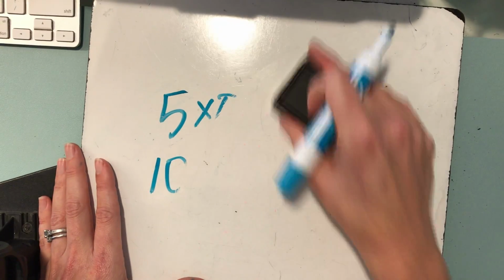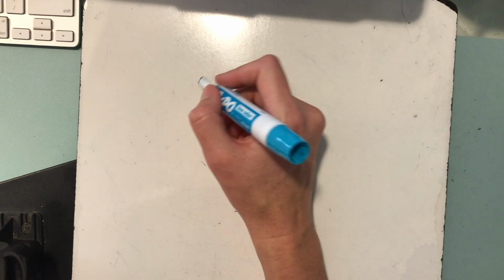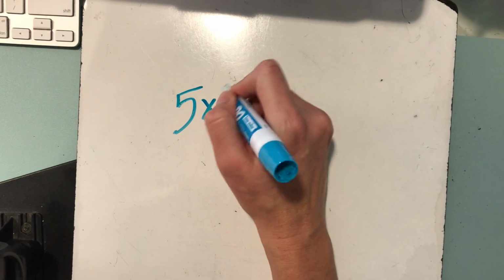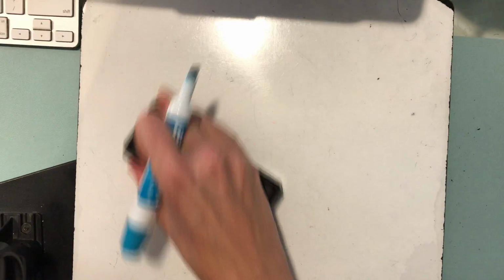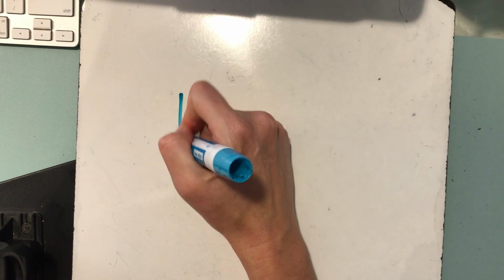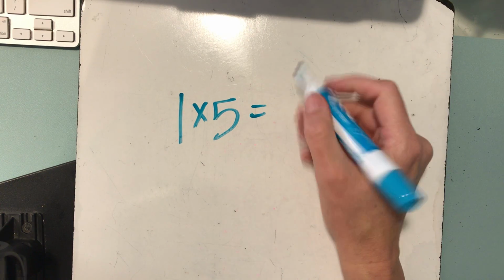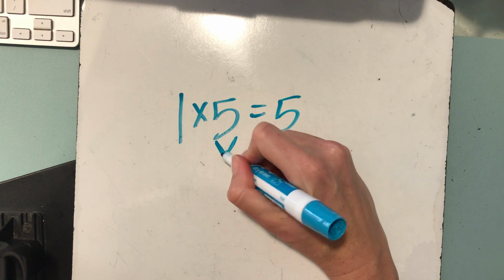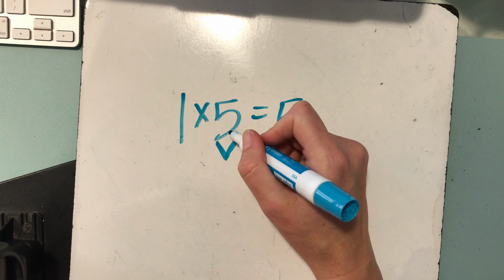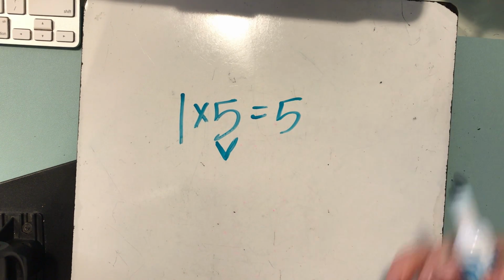It's the same kind of concept with the identity property of 1. So if I had 5 times 1 or 1 times 5, that would equal what? 5, right? Doesn't change the identity of that. I have one group of 5, and so the total is 5.